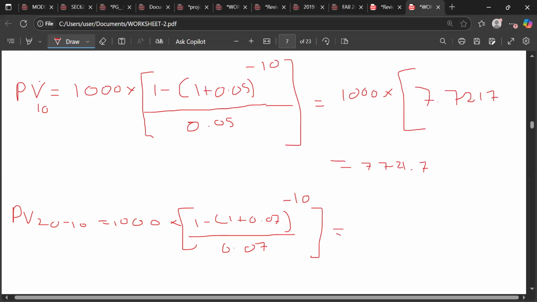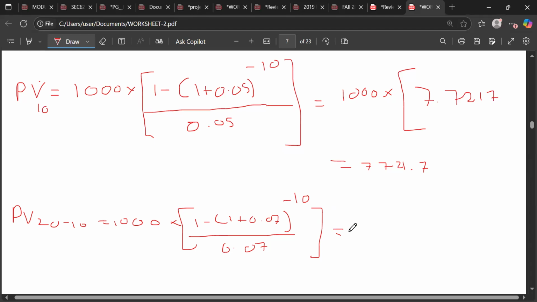So 1.07 raised to the power negative 10, 1 minus that, divided by 0.07.